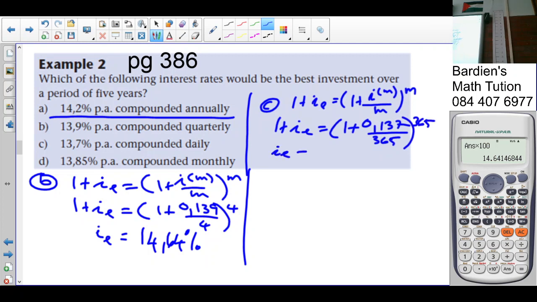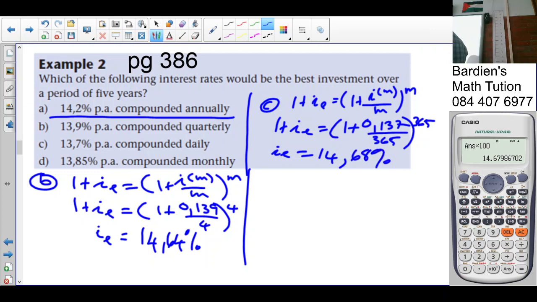So i effective here will be (1 plus 0,137 over 365) to the 365, minus 1, times 100. So that gives us an interest rate compounded per annum at that rate.